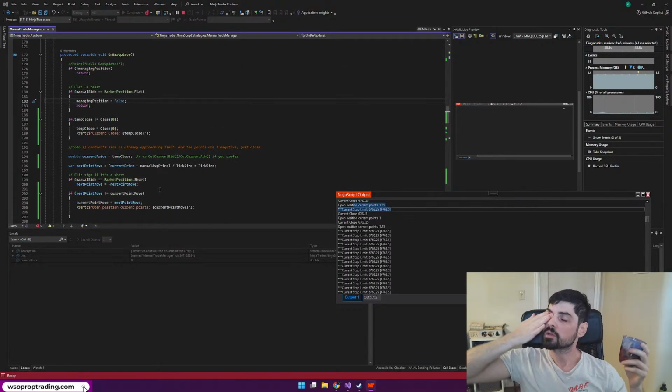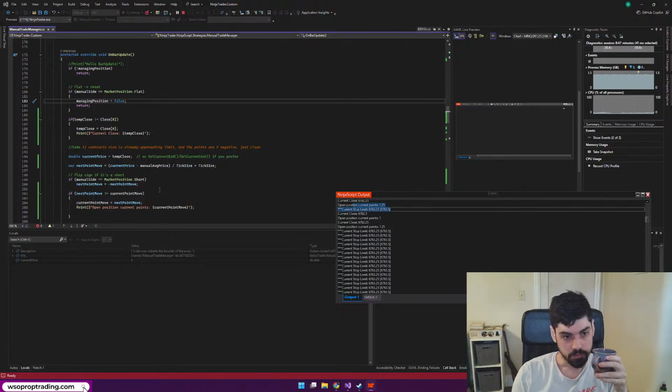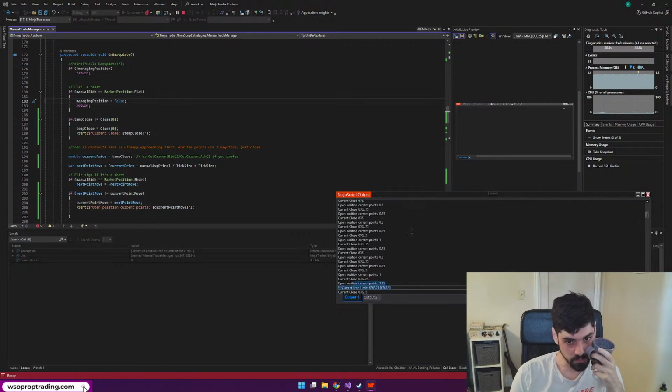So we want our current close price only if it's different to print out, otherwise we can just keep working with it. And then from there we can figure out how much it's moved, which still feels right. That looks like it lines up on the graph.